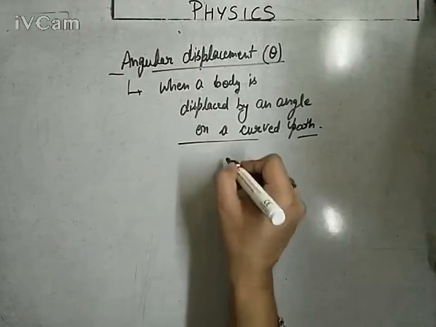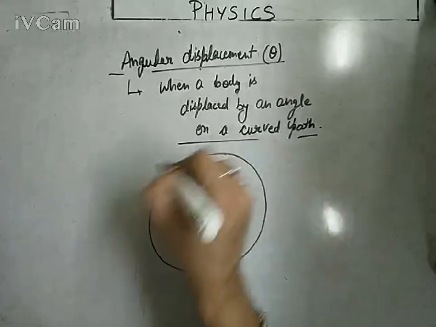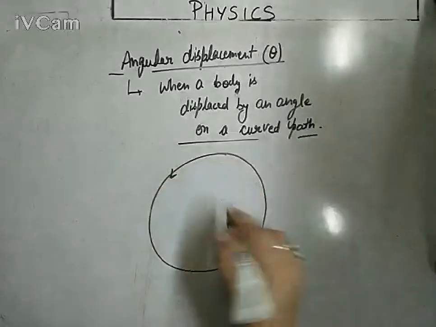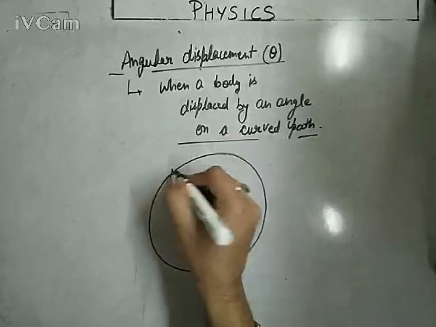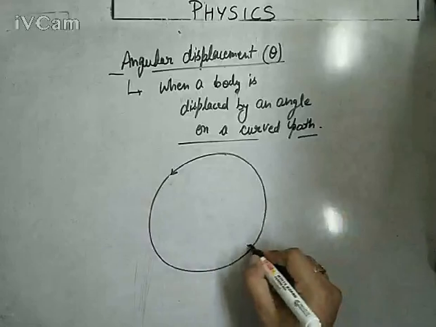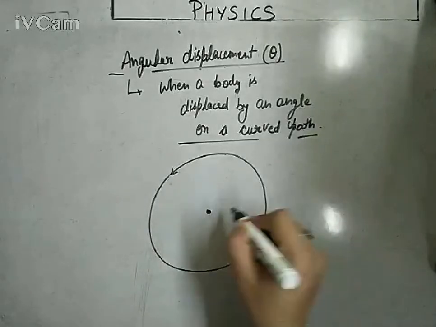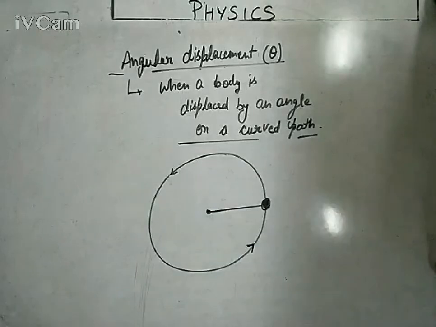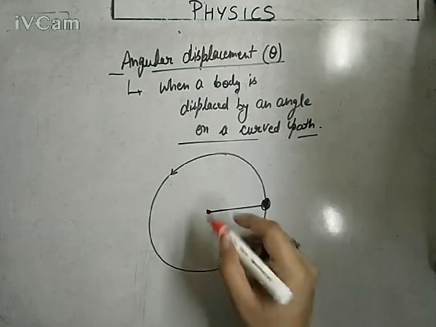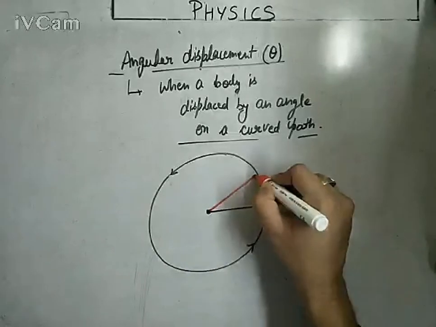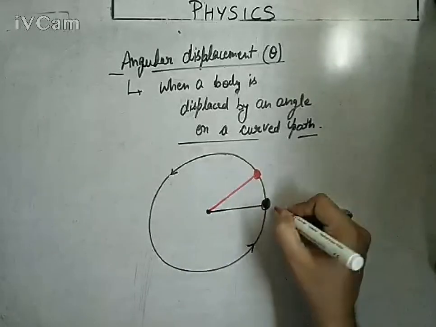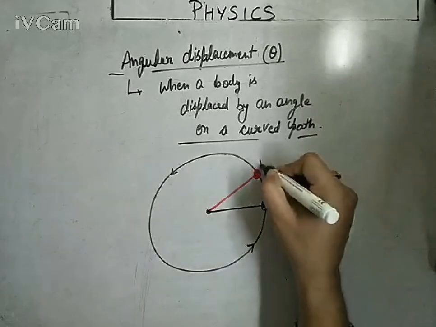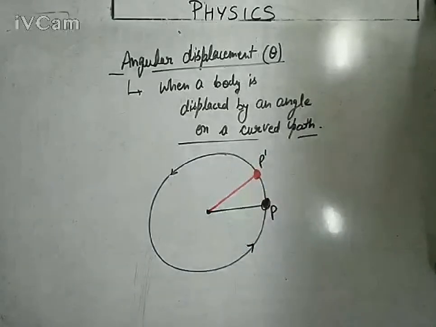So let's assume a particle is moving on a circular path as represented here. This is the center of the circular path, and the particle is changing its position in a given time from P to P dash during its circular motion.